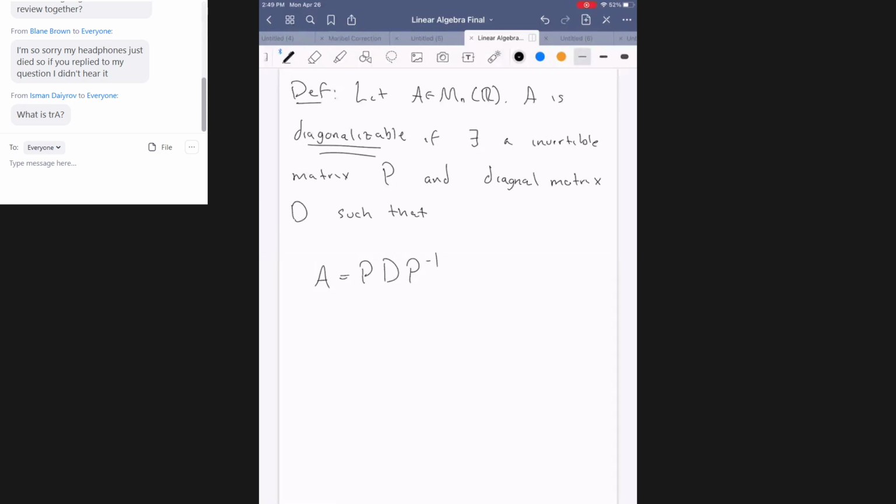However, there's a theorem out there that basically says P's columns are made out of the eigenvectors of A, and the diagonal entries of D are made out of the eigenvalues of A. And in order to find P inverse, you just take the inverse of P, right? Next time we'll talk about the other things, diagonalizing linear transformations.